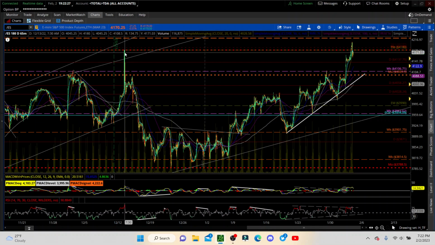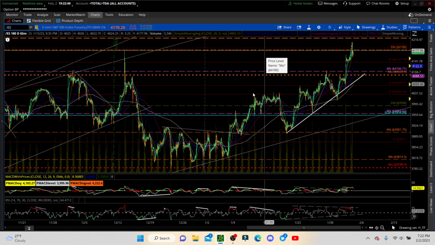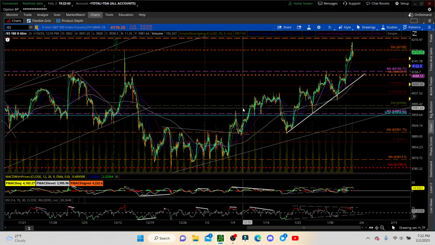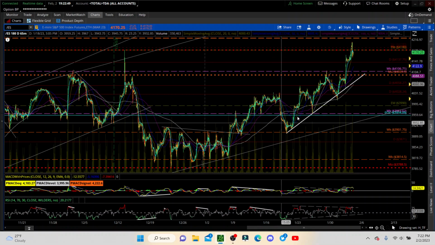We can reverse at any point now that we completed this top up here. So we're back below it. You can consider that a fake break. That's pretty bearish. We are looking kind of bearish in the after hours right now, but we'll have to see what the overnight brings, especially with China opening around 3 a.m.